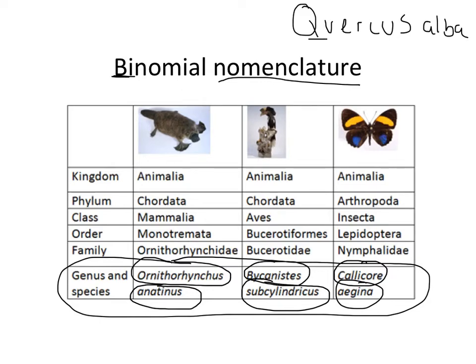And by the way, I'm going to underline that because if you are writing a scientific name, you want to make sure that you capitalize the first letter and then lowercase everything else, and then underline or italicize. So that's Quercus alba. We'll write out another scientific name, another binomial nomenclature, and that is Quercus rubra.